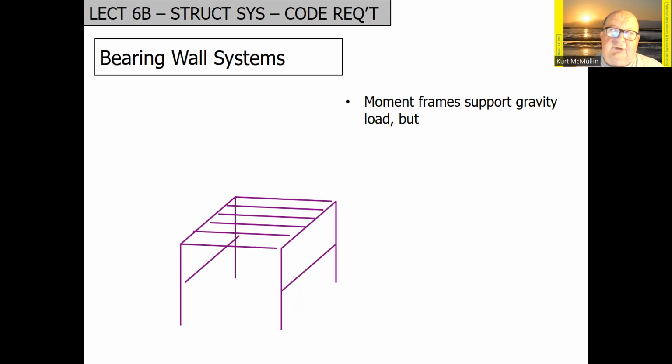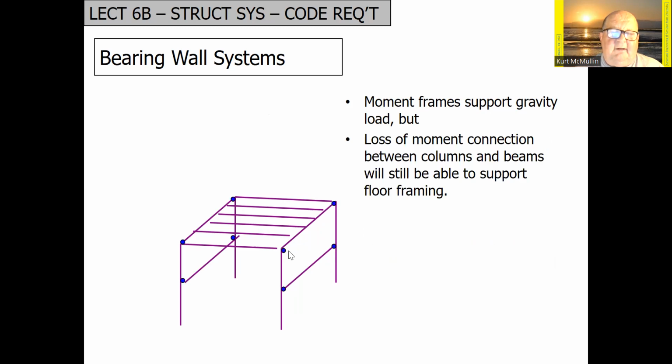Now, moment frames, we should think about a little bit. Moment frames usually do have at least some gravity load sitting on them, such as these beams sitting on this moment frame. But if we switch those moment connections to pin connections, in reality, we still can support the gravity load.